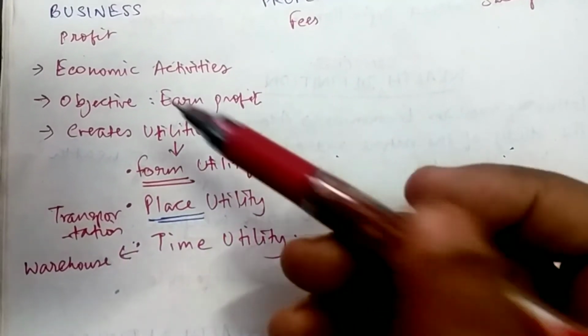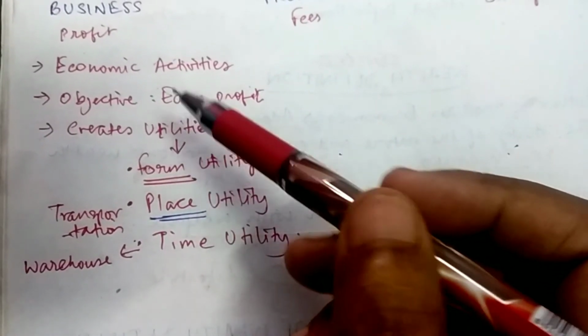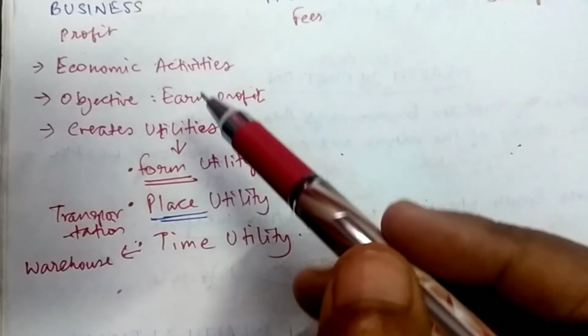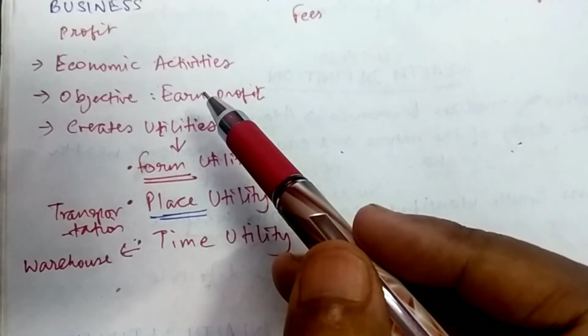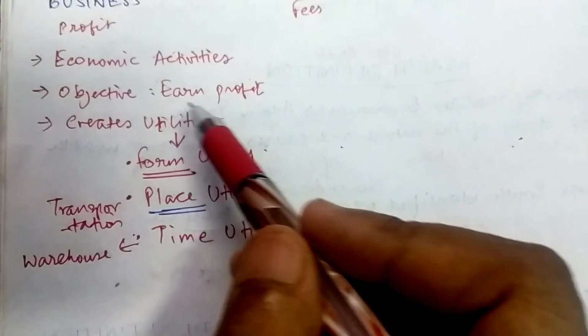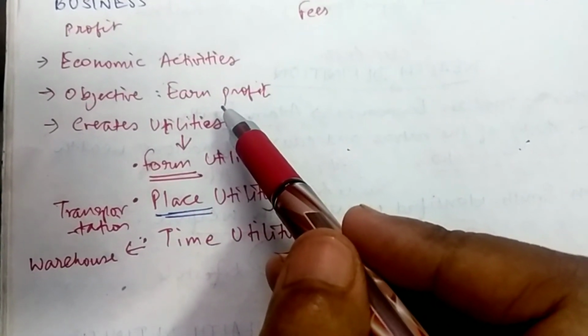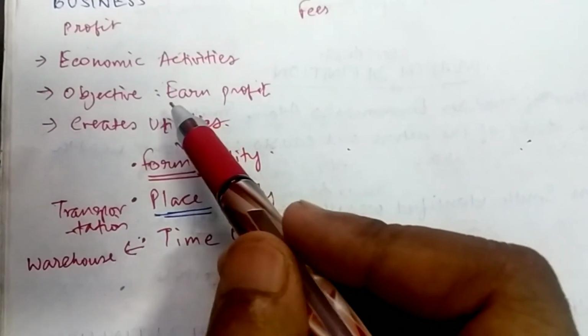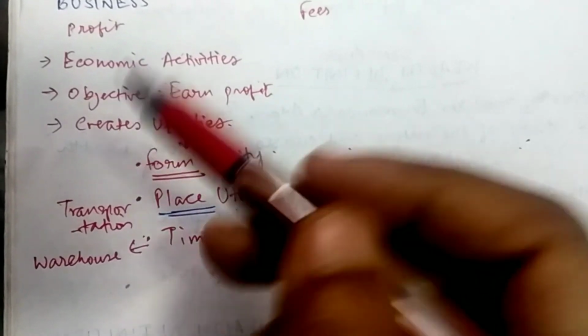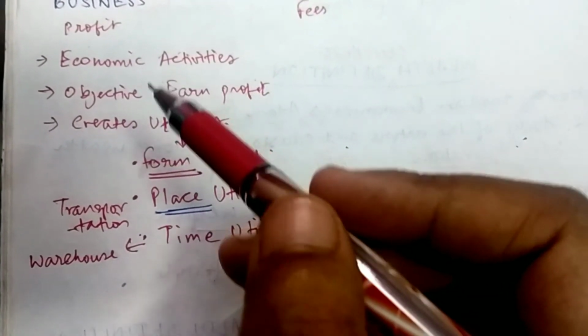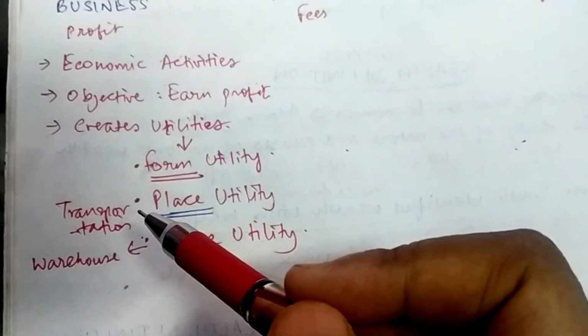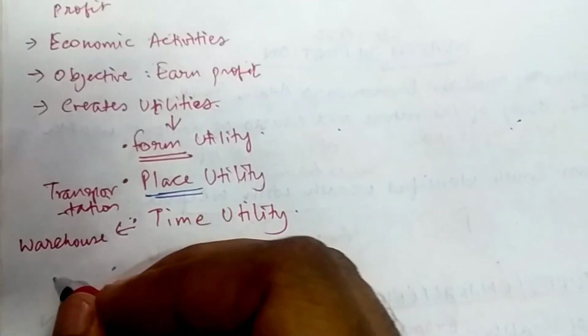Okay, so the objective of doing a business activity is to sell the goods or the service with the motive of earning profit. And the businessman, how do they produce the product? By using the resources. Which resources?